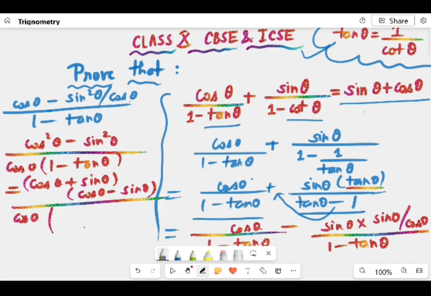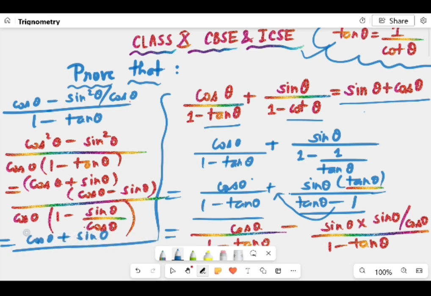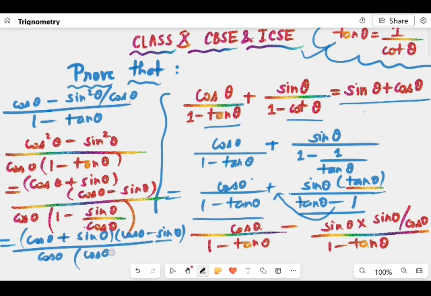We don't have tan theta in the proof, so I'm again changing it into sine theta and cos theta, which will give me cos theta plus sine theta into cos theta minus sine theta, divided by cos theta minus sine theta upon cos theta, because we are taking LCM again.